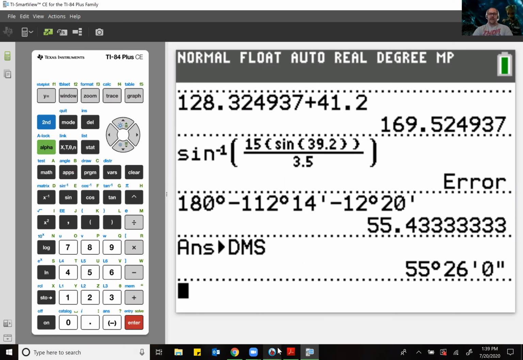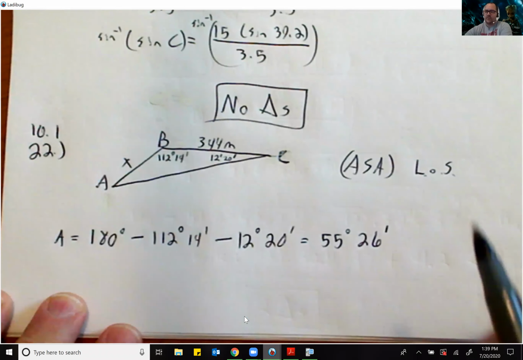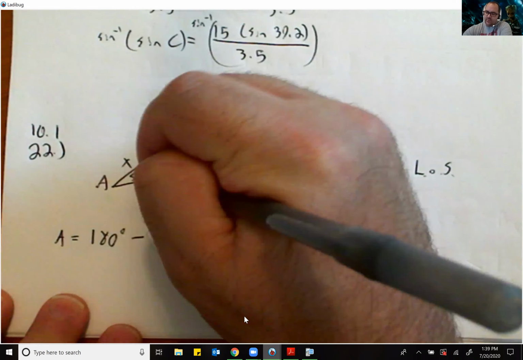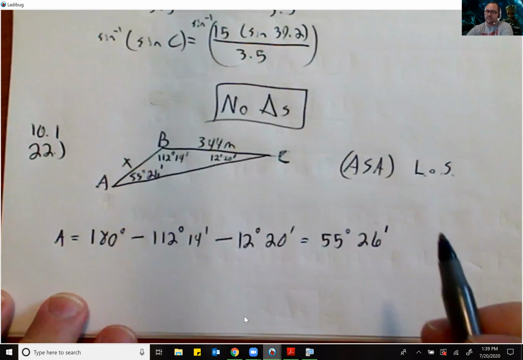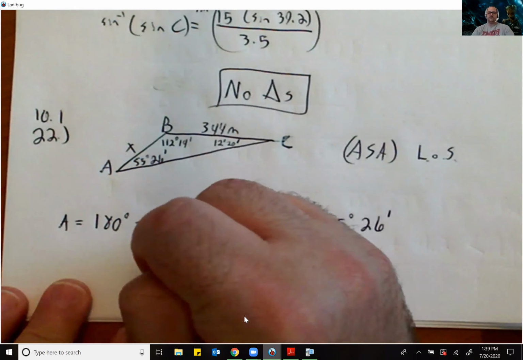So now that we know what angle A is, we can solve, because we know this is 55 degrees, 26 minutes. So using law of sines, that's 344. I put 244.